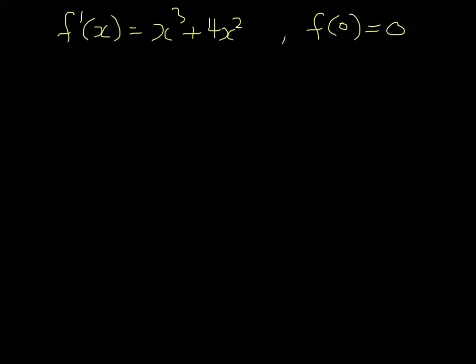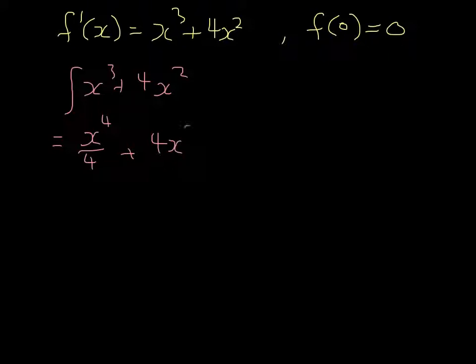So what we can do then is, firstly we need to do the antiderivative to find the function of x. So the antiderivative of x cubed plus 4x squared will be equal to x, 3 plus 1 is 4, divided by 4, plus 4x, 2 plus 1 is 3, and we divide by the 3, plus c. So that's what our function becomes.